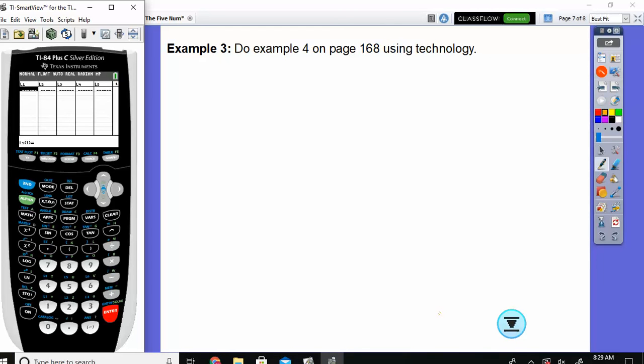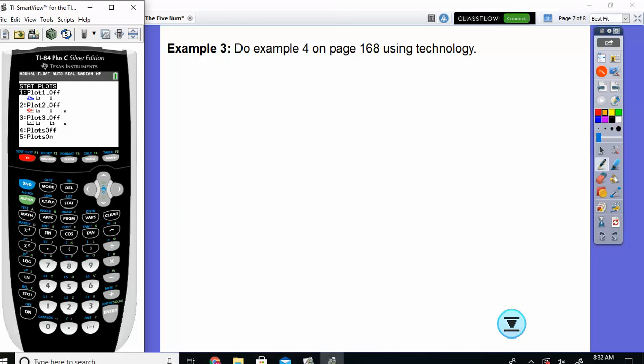Okay, so if I want to actually compare these, I could make 2 separate box plots, but it'd be nice if I could look at both of them at the same time. So what I want you to do is put one of these in L1 and the other in L2. So put all of your flight in L1, all of your control in L2 for me. So if we go to second y, we have all of our different plots.